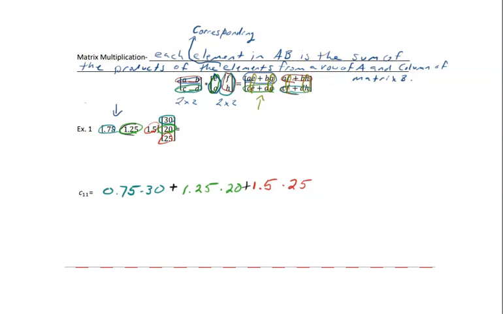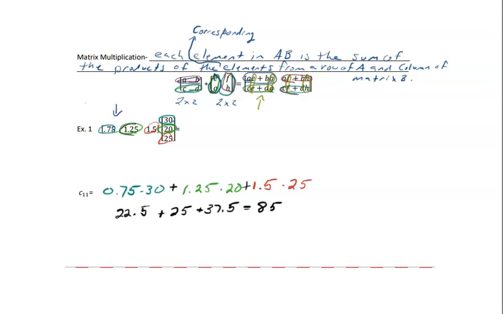And what is this? Well, it is 22.5 plus 25 plus 37.5, which is 85.